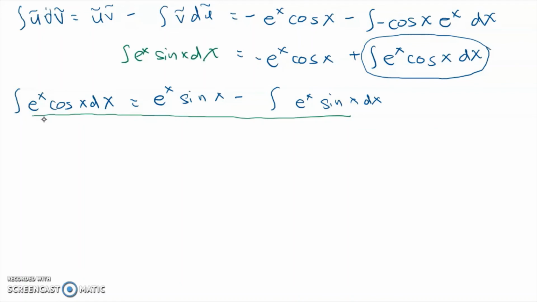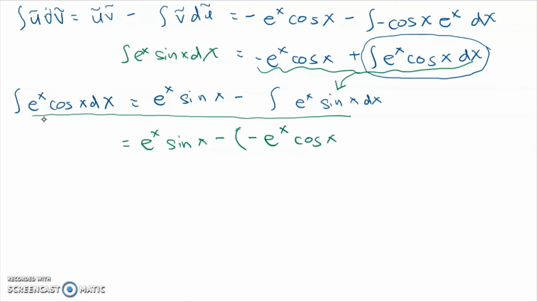So I substitute this formula into this one. Then I have e to the x sin x minus negative e to the x cos x plus the integral of e to the x cos x dx.